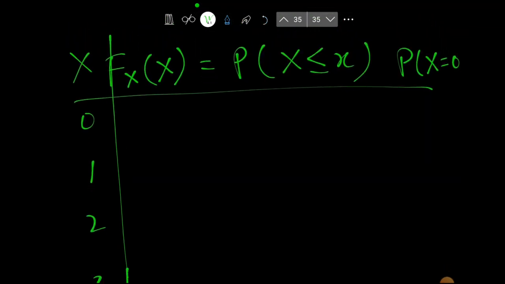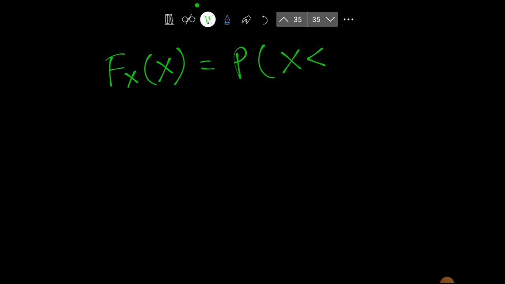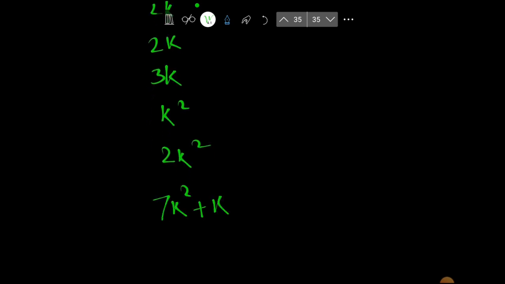So first of all, suppose that we have given values of p(x) here: 0, k, 2k, 2k, 3k, k square, 2k square, 7k square plus k.